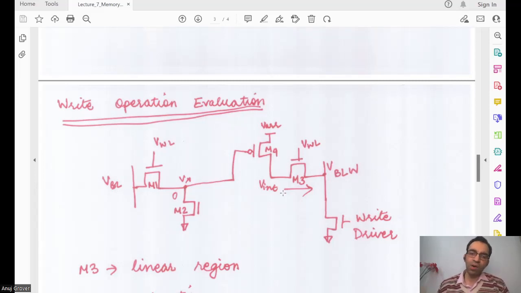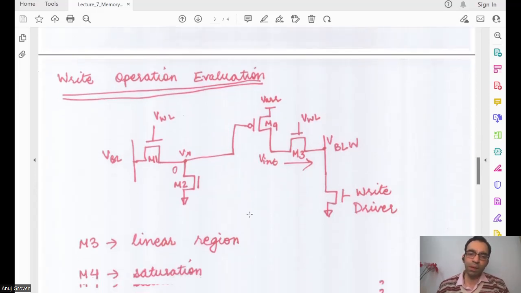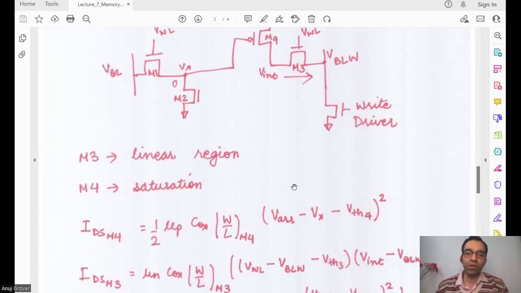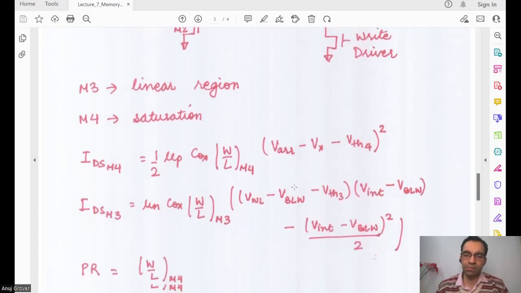Okay. So now again we simply apply Kirchhoff's law. We say the current coming from M4 has to be sunk by the write driver, and the current going from M3 has to also discharge Vint. So IDS of M4 and IDS of M3 equations are written.